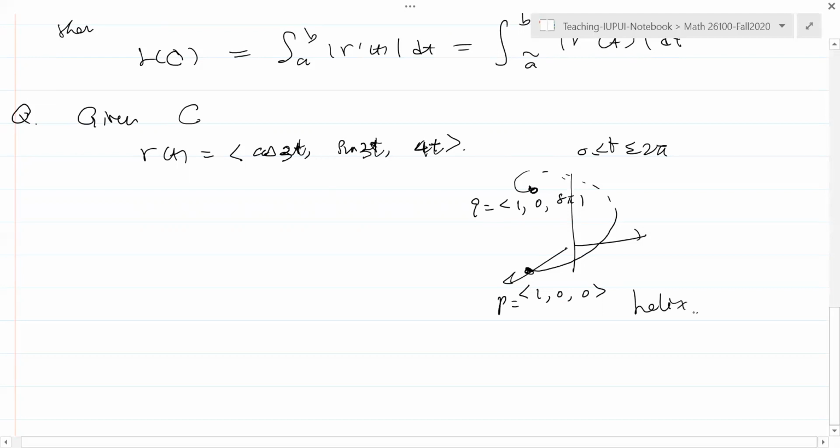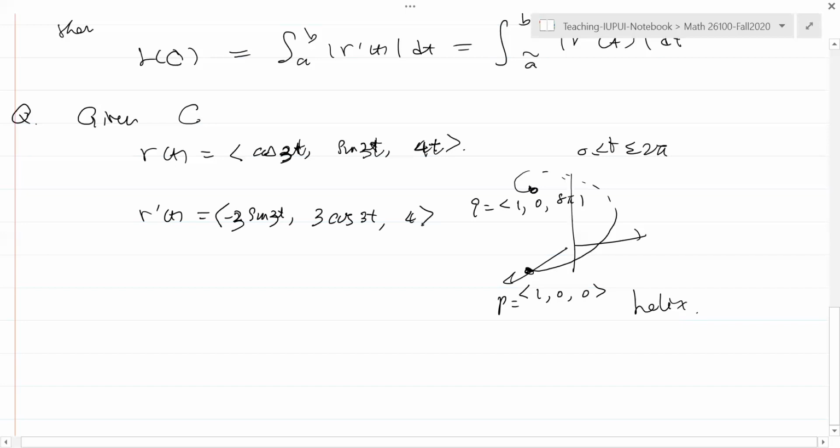So now let's find the length. What you do is you find r prime of t. So you get -2 sine 2t, oh, this is 3, so -3 sine 3t, and then 3 cosine 3t and 4.